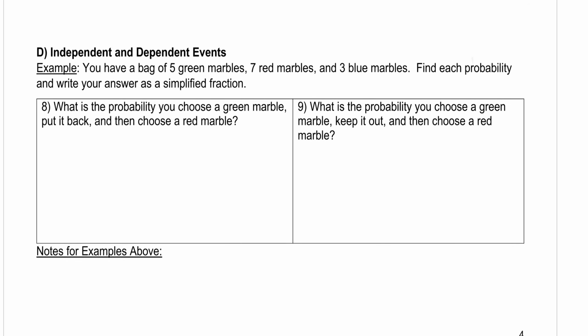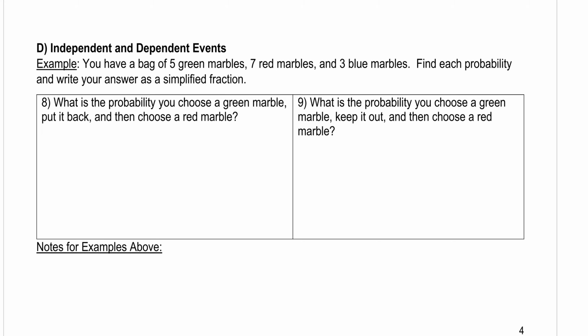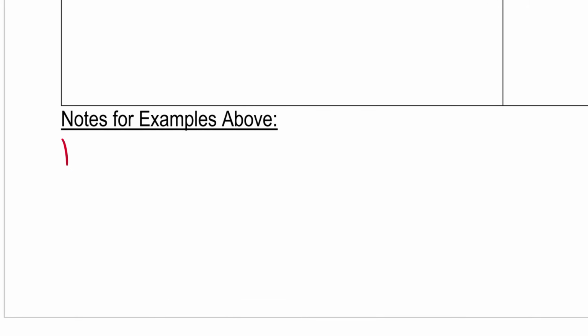Okay, last part, independent and dependent events. So there is a difference. Independent, I guess we can write these down just so you have them. So we have independent events. I don't know why it keeps changing colors on me.